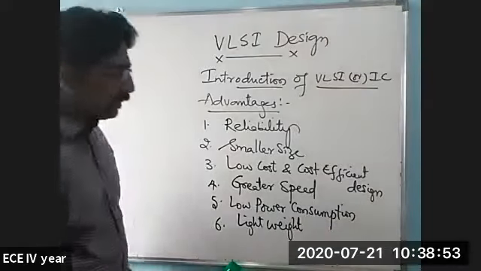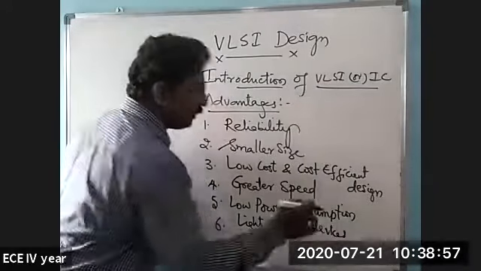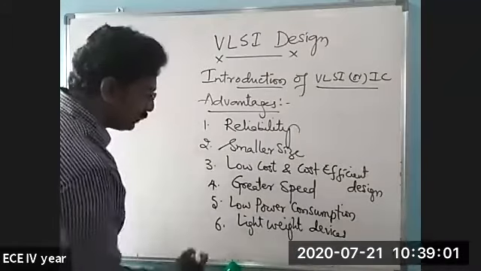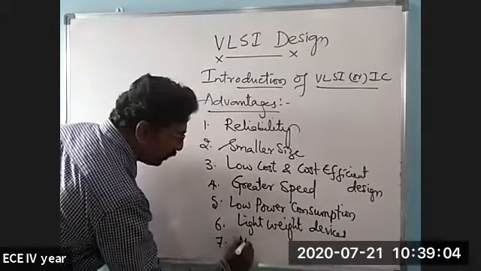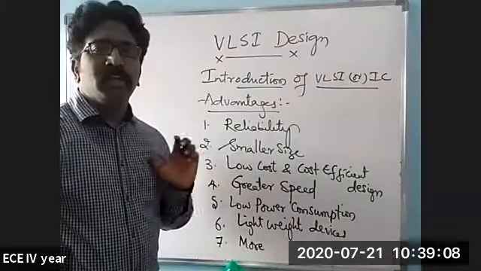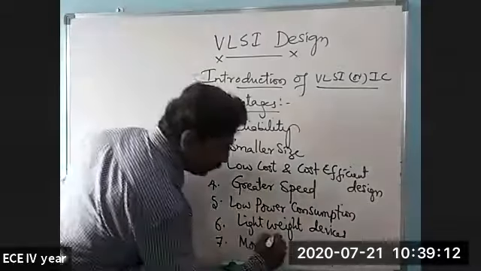We can produce lightweight devices. Then the seventh one can be more functionality. We can get the same device with more different kinds of circuits incorporated on it in order to get more functionalities.